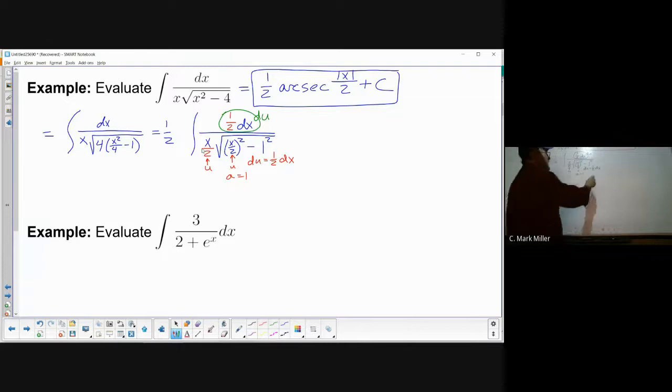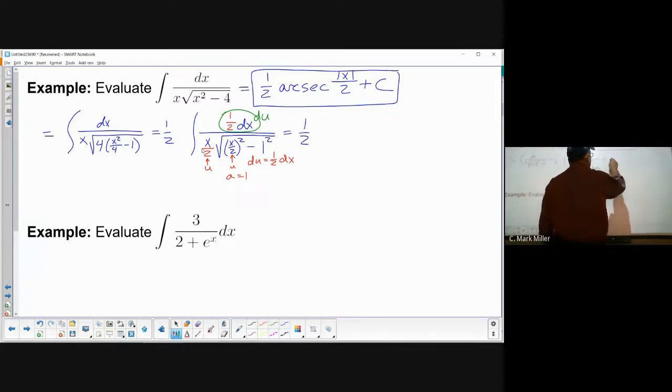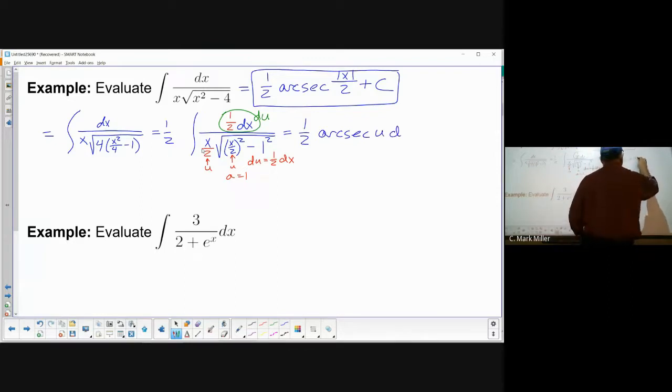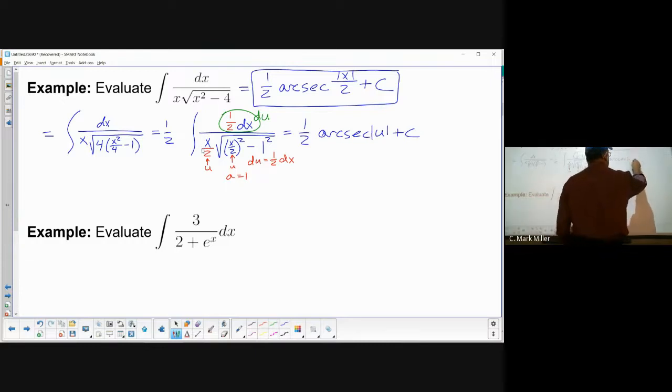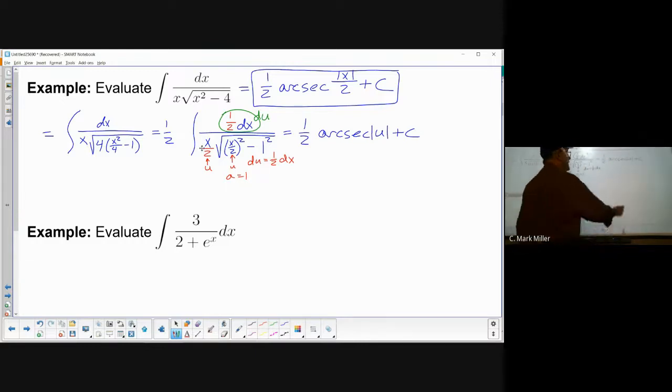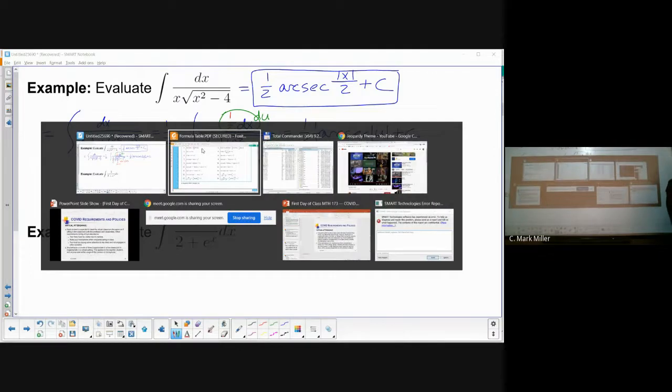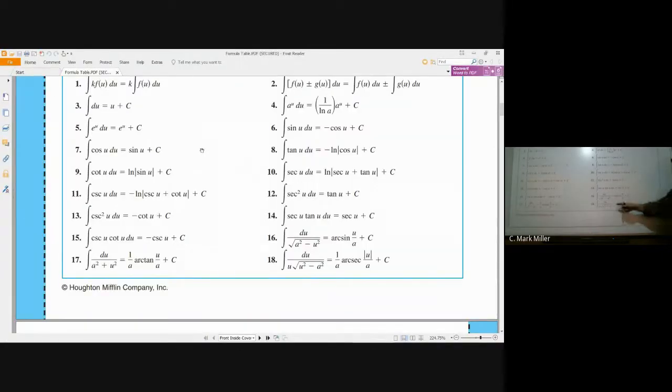So that integrates to 1/2 arcsec u plus c. And actually, it'll be absolute value of u over 1. I'll do that for emphasis. And technically, out here, I have a 1 over 1. I'm putting those in just so you recognize the form. Here for arcsec, I have a 1 over a.